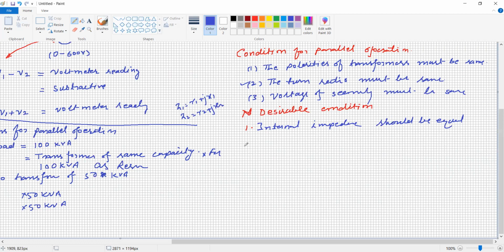And the second point, which is very important: the ratio of their winding resistance to reactance must be the same for both transformers.